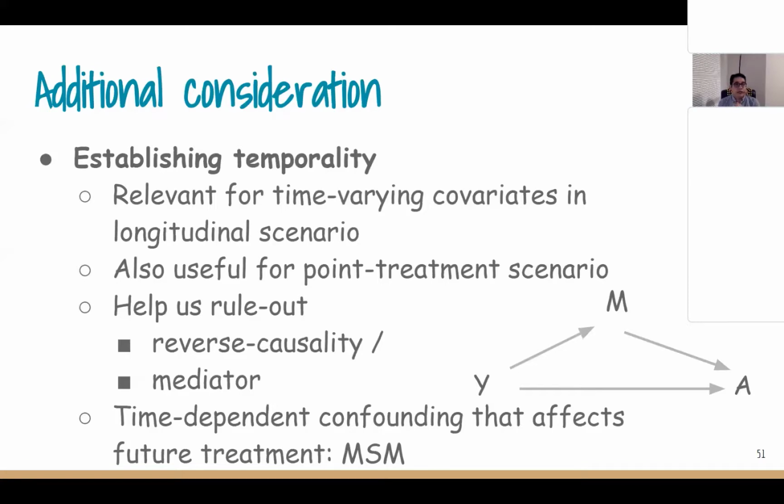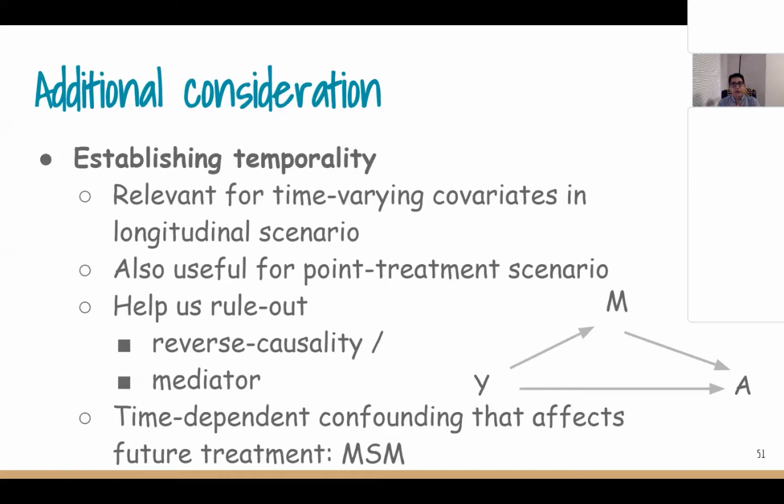If I was dealing with a cohort study where treatment was measured and then M, the mediator, was measured, and then the outcome was measured, then it is really possible to do that kind of mediation analysis. So understanding the temporality is very important.